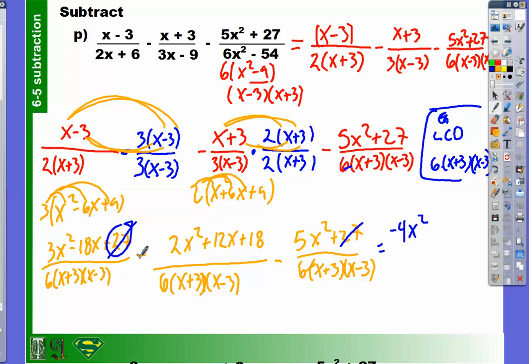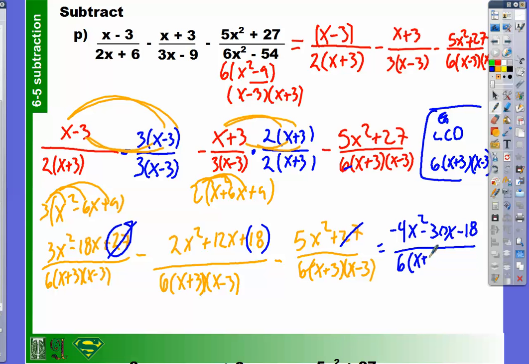Negative 18x minus 12x is going to be negative 30x, because I'm going farther into the negatives. And then I have no other coefficients other than this 18. Be careful here. We're subtracting 18, so that's a negative 18. And then that's all over my common denominator.